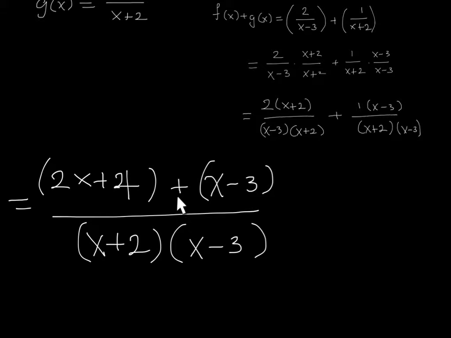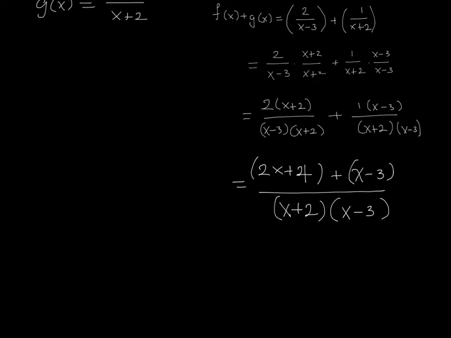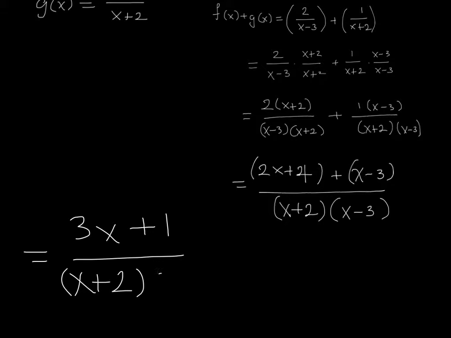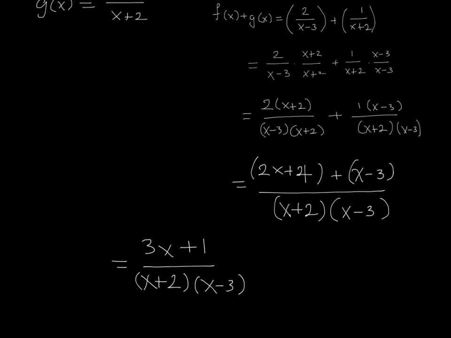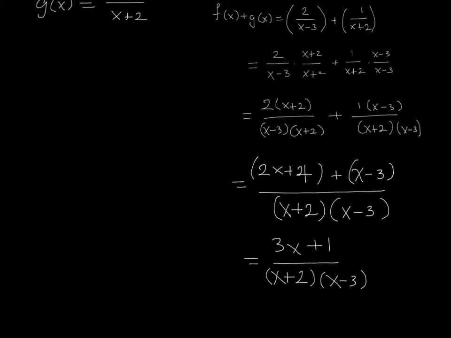If this was a negative, we would have a problem. And now continuing, we can just simplify the numerator, so that's 2x plus x, which is 3x, 4 minus 3, which is 1, and now we have x, and now we have the denominator. And feel free to multiply out the denominator if you like, but this is a sufficient answer here.